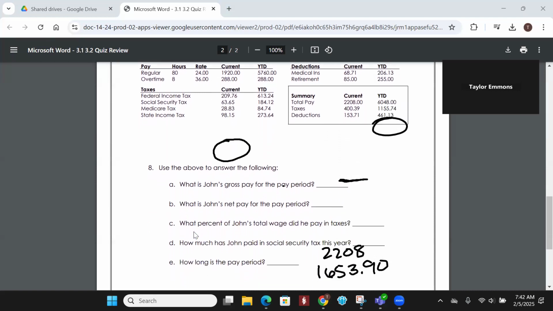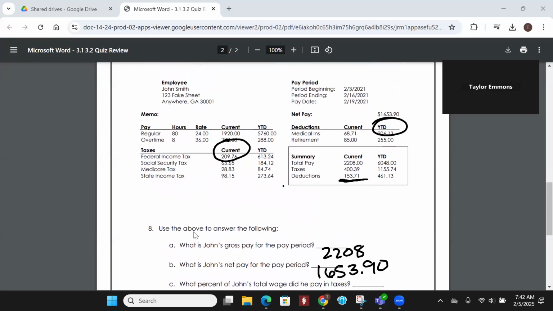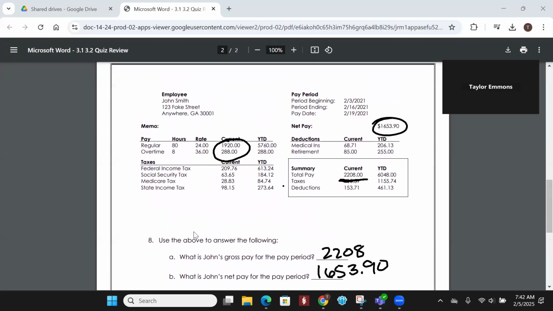What percent of John's total wage did he pay in taxes? So you're going to take how much he paid in taxes and then divide it by his gross pay. So how much he paid in taxes, that's 400. And then divide it by his gross pay, which was 2208.